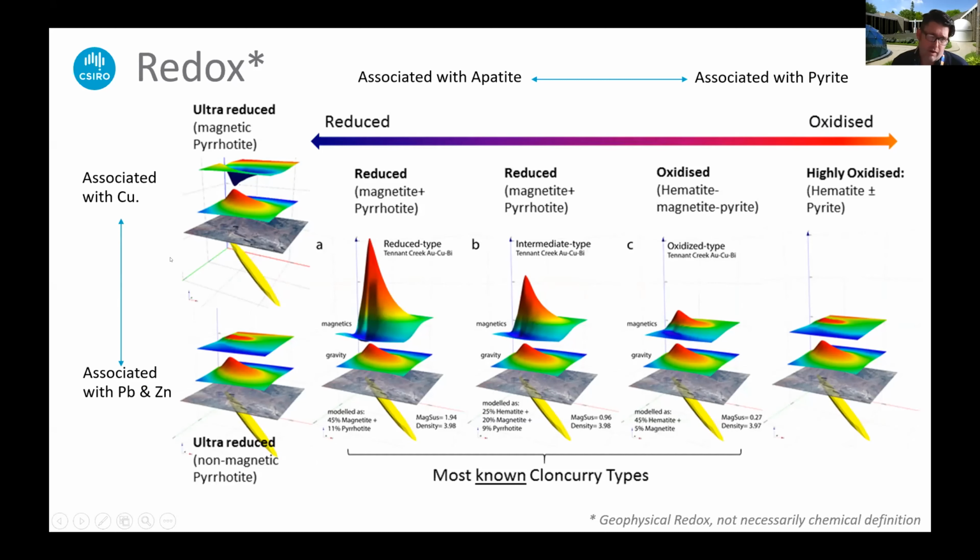As you get out to the very reduced side, you're basically precipitating pyrrhotite, so no oxygen in there. Pyrrhotite can be magnetic, and where it is magnetic, it often has remnant magnetization, which is what you can see in the bottom left corner there. You can see there's non-magnetic pyrrhotite, and that will basically have very weak magnetic signature.